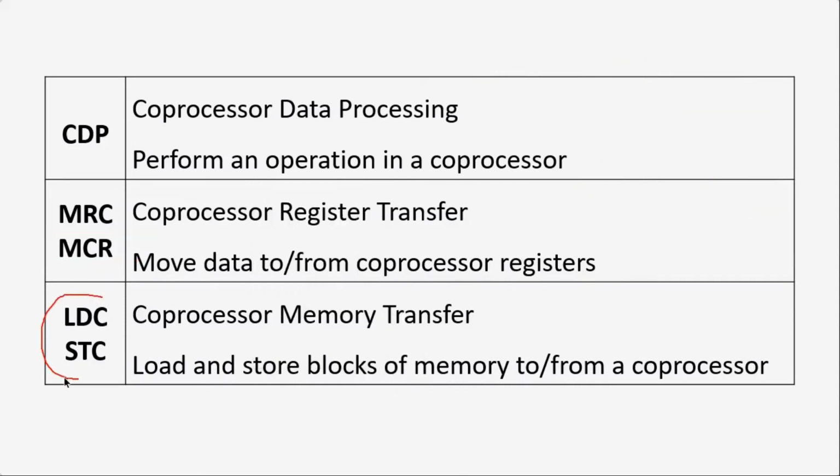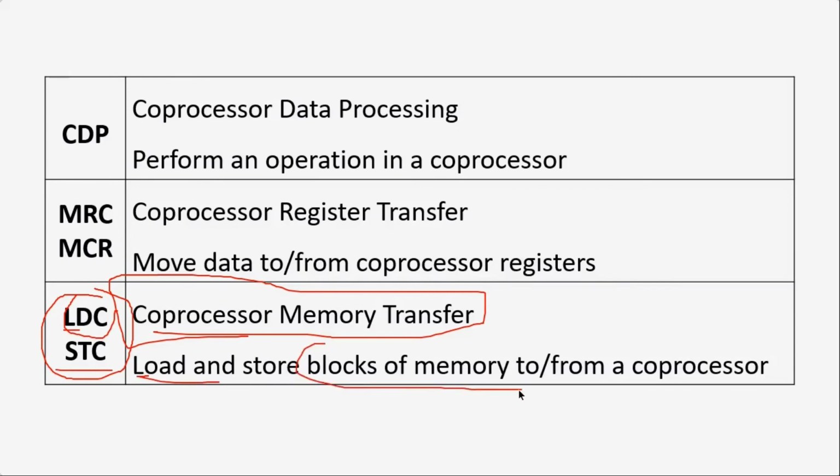And finally load and store. We know what is the purpose of load and store instruction. It is to communicate with the memory, not register. So coprocessor memory transfer. Load and store here means transferring a block of memory between the main processor and a coprocessor.